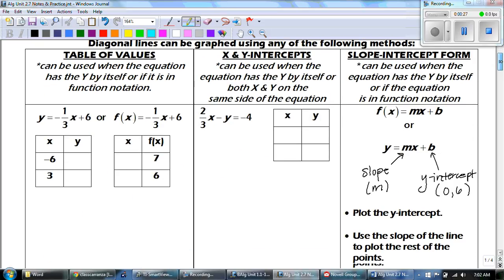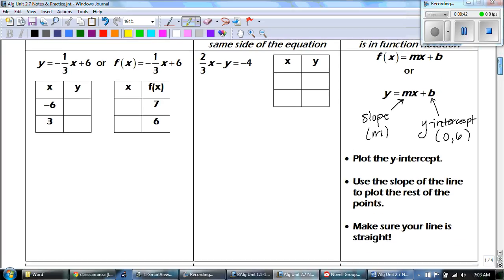One, we've talked about table of values. A table of values can be used when the equation has the y by itself or if it is in function notation. So looking at the first example, y equals negative 1/3 x plus 6, they told us the x. So when they tell us the x, we have to plug in and simplify.